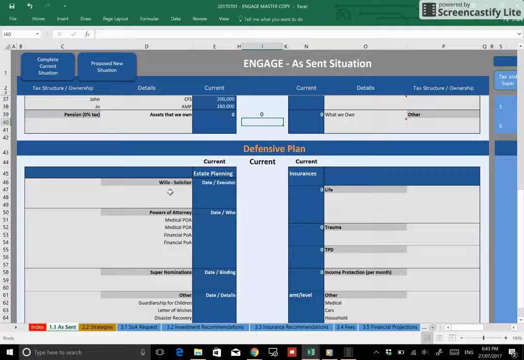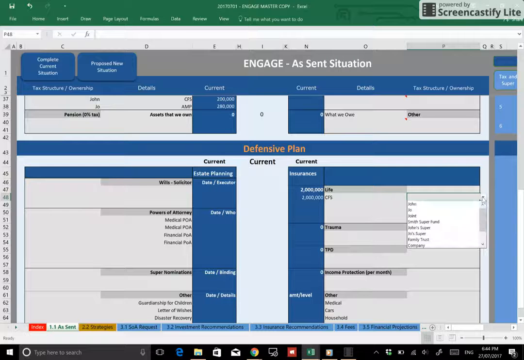Further down, we have details about their wills, if they have wills, or life insurance. So John has $200,000 of life insurance, or $2 million. That's for Colonial First State, and that's John.